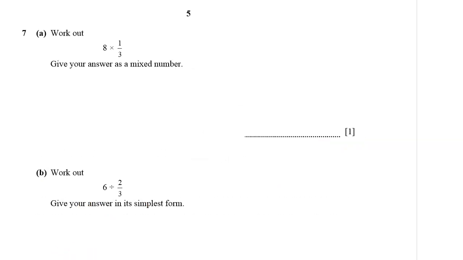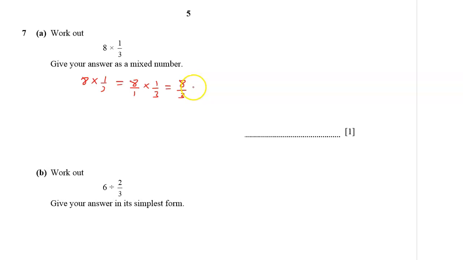Number 7a. Work out 8 times a third. Give your answer as a mixed number. Of course, we're going to multiply 8 times 1 over 3. That basically means 8 over 1 times 1 over 3. You multiply the numerators together, you get 8. You multiply the denominators together, you get 3.